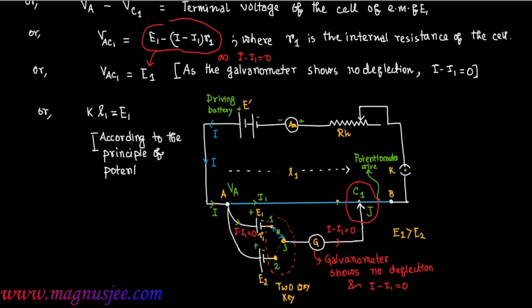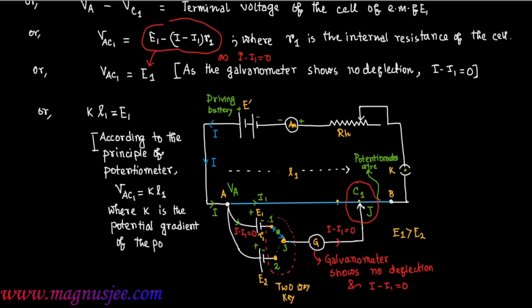According to the principle of potentiometer, we can say that the potential difference across the portion AC1 of the potentiometer wire, that is VAC1, is equal to KL1, where K is the potential gradient of the potentiometer wire AB.